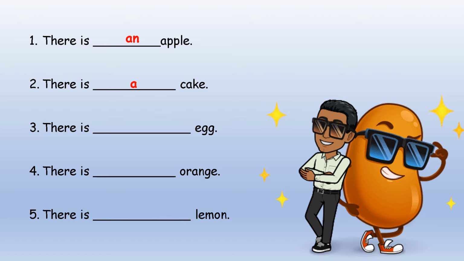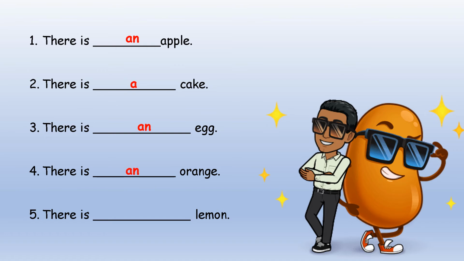We have one egg and the word egg starts with a vowel E, so the answer is an. Number 4. There is a blank orange. Remember the 2 rules. One orange, one noun. The noun here is orange. O is a vowel, so we have to use an.